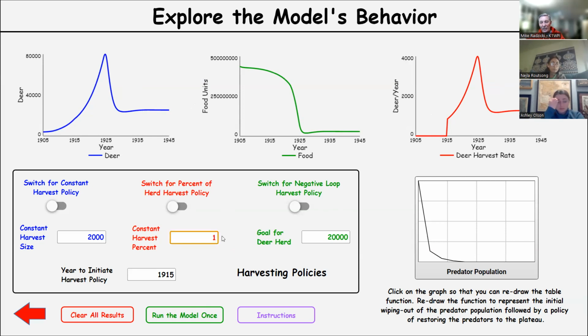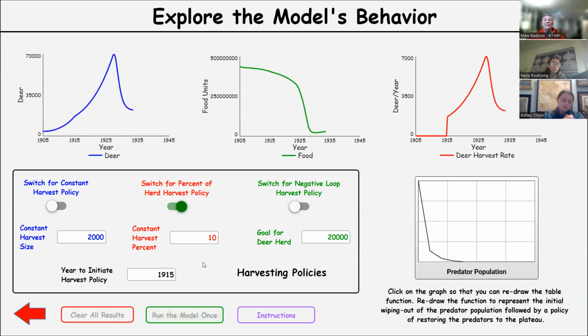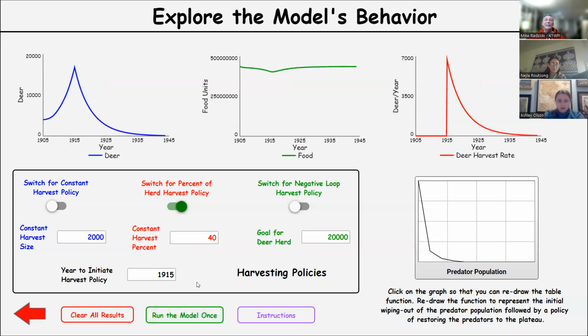How about 10%? Again, we're starting in 1915. Not really. We're getting a little inflection point here. How about, I don't know, 40%? Start going big or go home. Okay, that's too much. 30%, I don't know.